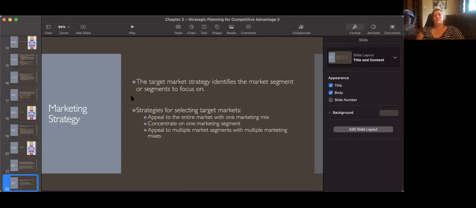The target market strategy identifies the market segment or the segments to focus on. So for example, I know that Nike is a really big brand, right? They have lots of different products, they do lots of different things, but they often target a certain product to a certain market segment.